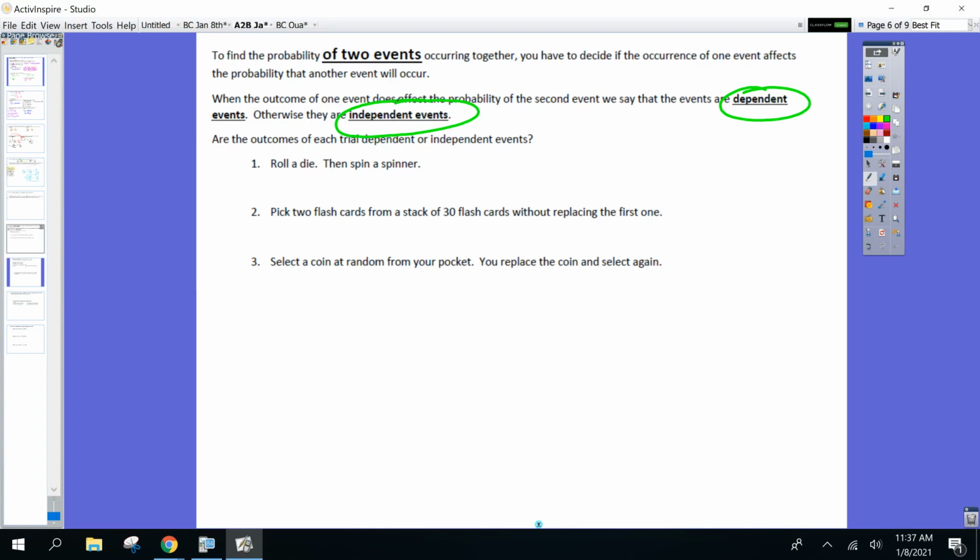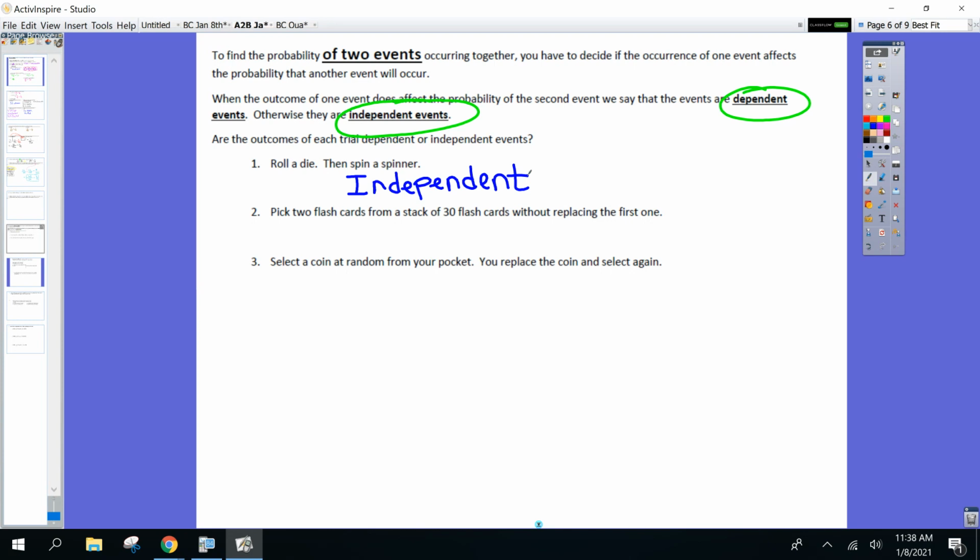Absolutely not. So if they don't have any effect on each other, we say that they are independent of each other. If one event does not have any effect on the next one, we say they are independent.